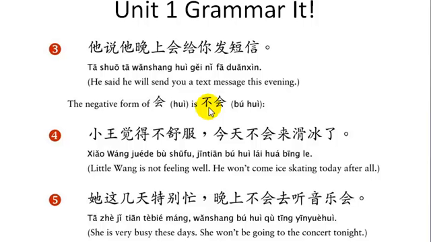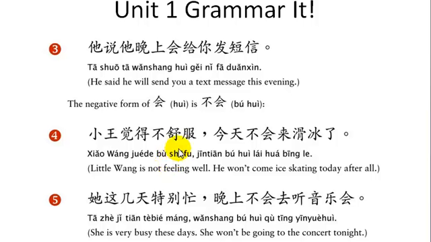It's anticipated that something will not happen. We use 不. So we say 小王觉得不舒服，今天不会来滑冰了. Okay, so 小王 is feeling 不舒服. Now you learned 不舒服 means uncomfortable, but Chinese also use 不舒服 to indicate that they're feeling ill. They're not feeling well.